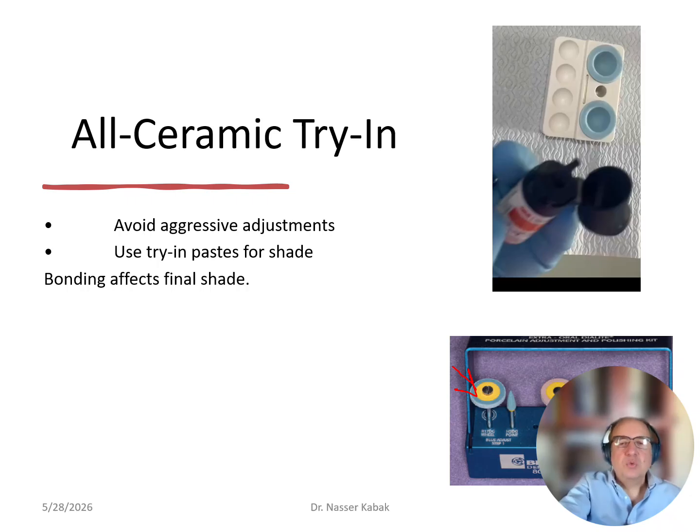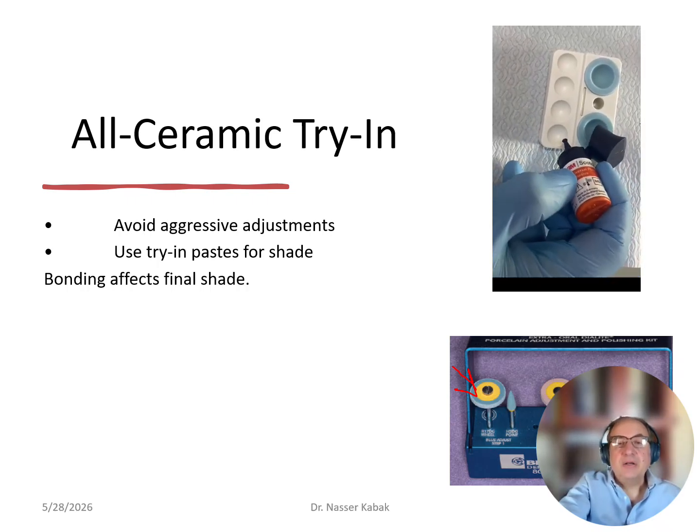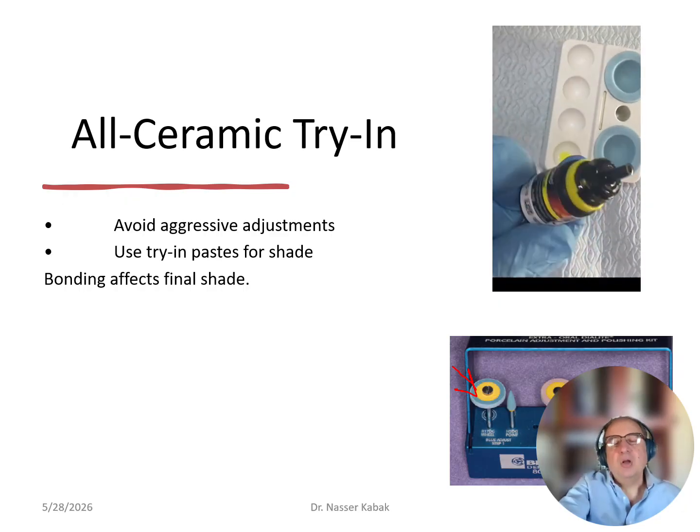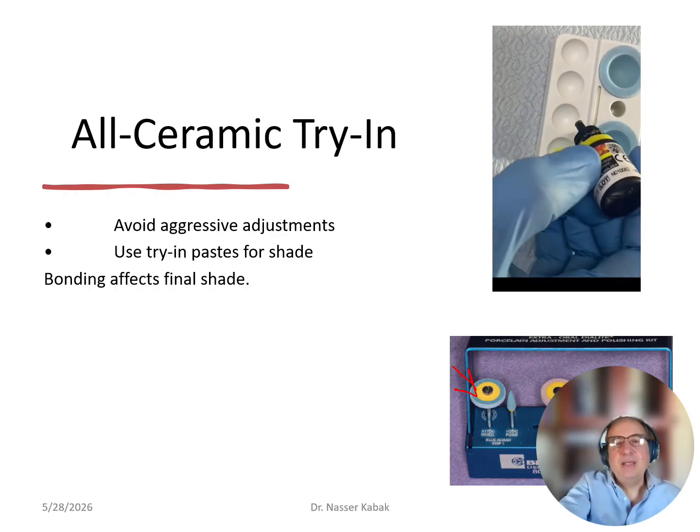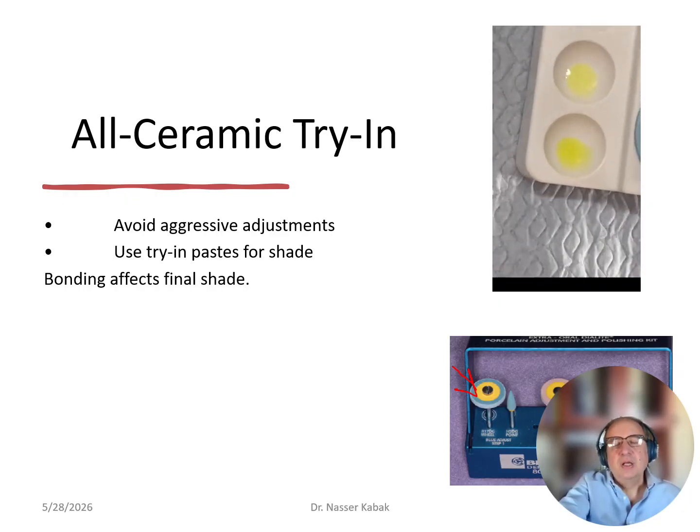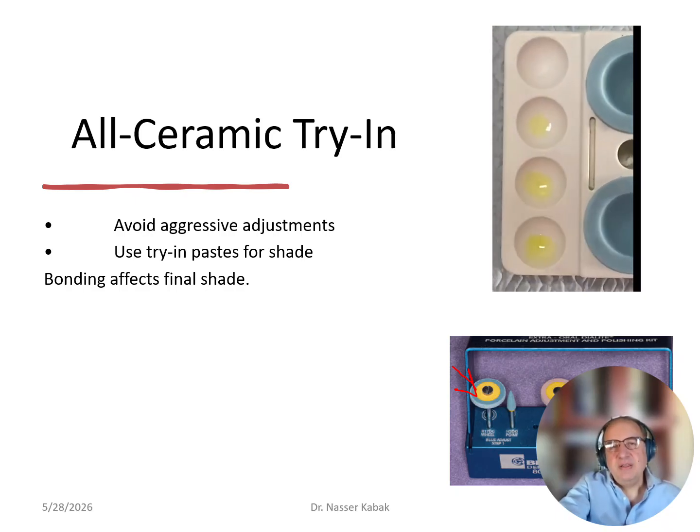And these are, of course, water-soluble pastes. We should decide first with them, then we will pick the right color of the resin cement, and sometimes also the color of the bonding agent might be a little bit of concern if the restoration is very thin.